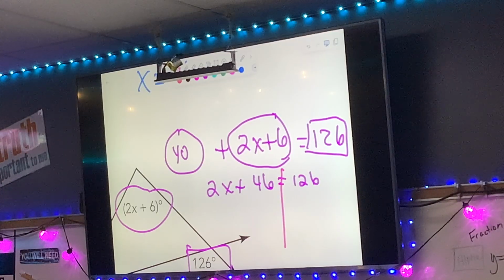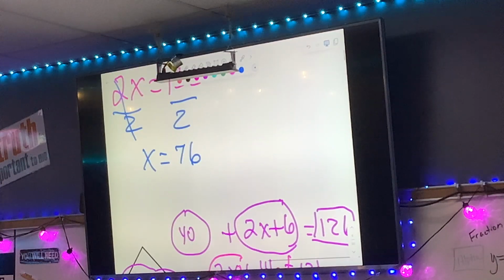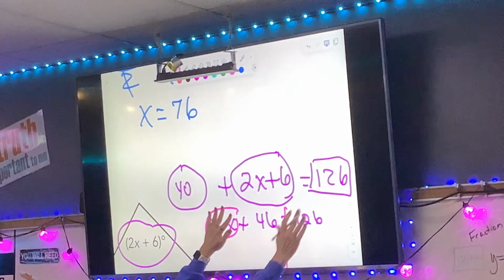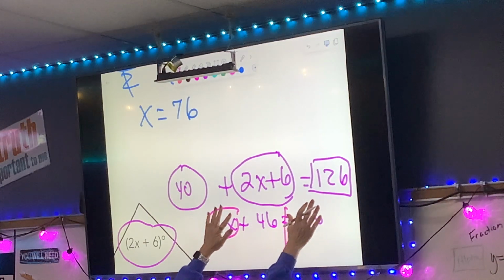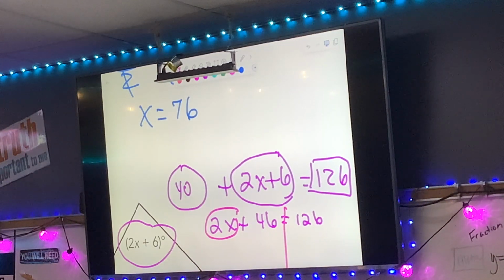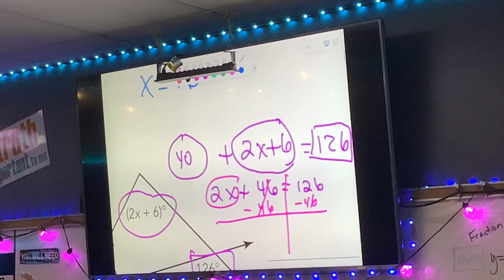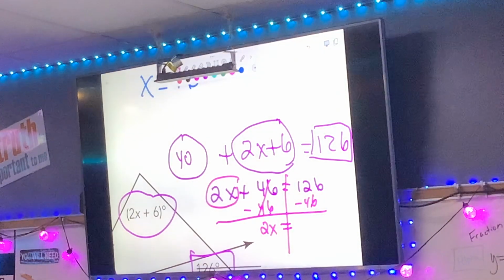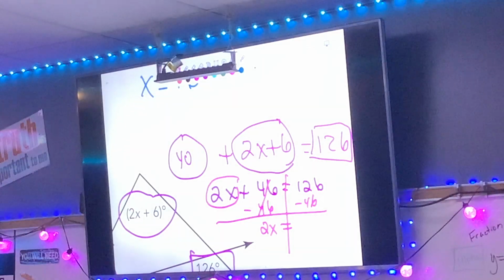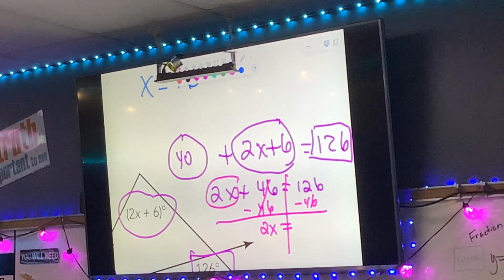Now I can circle, cover, cover. What do I have opposite? Subtract 46 from both sides. 126 minus 46 is 80.